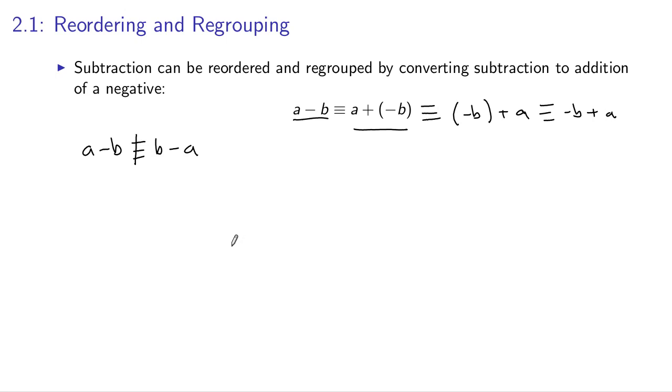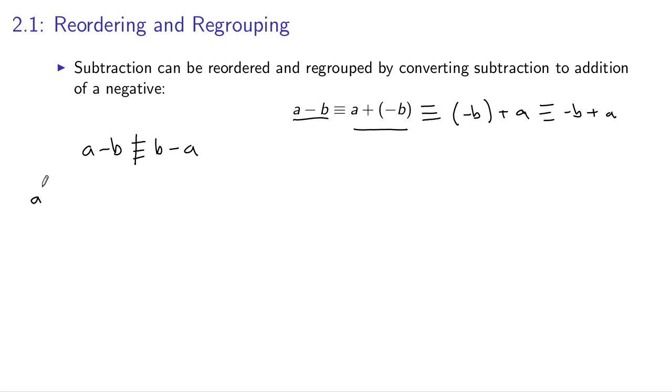Let's look at example 1. In example 1, it says, in each of the following, an expression is changed into an equivalent expression by reordering addition, reordering multiplication, or by regrouping addition or multiplication or combination. Which principles were used where?